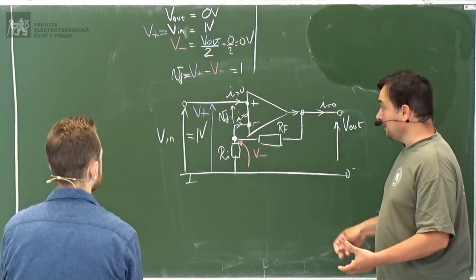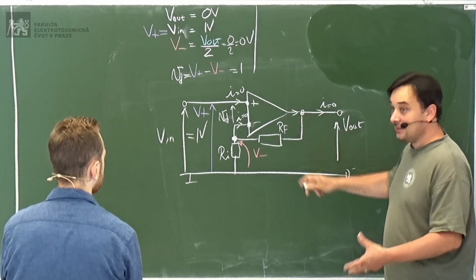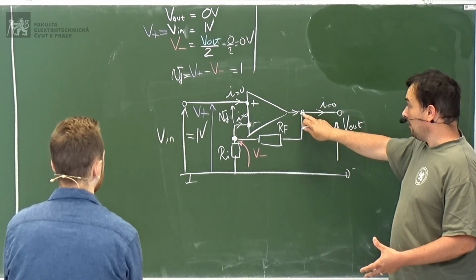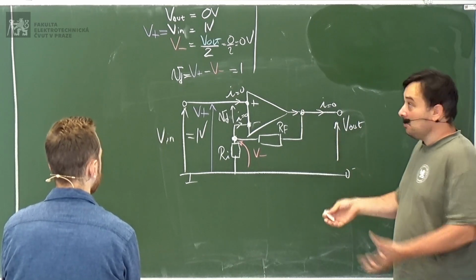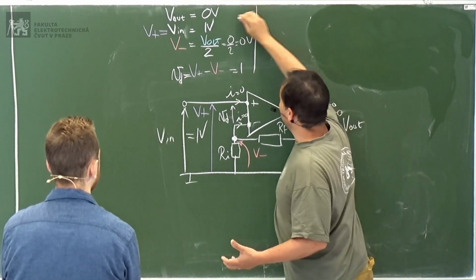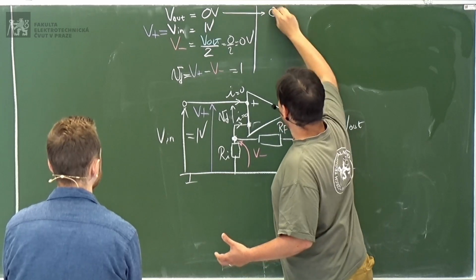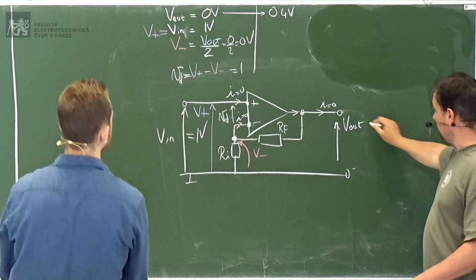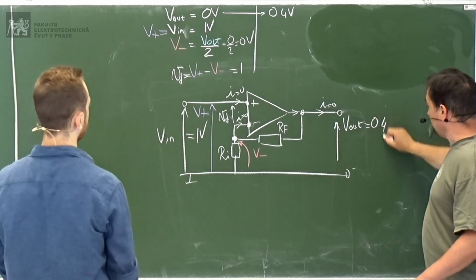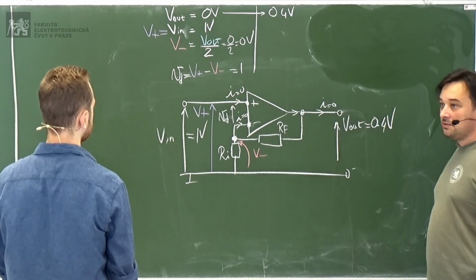We have to do something such that the delta is 0. So I have to increase this voltage. It doesn't know how much. So let's say that V out now will be 0.4 volts. So here my V out now is not 0 anymore, but it's 0.4 volts. Okay?